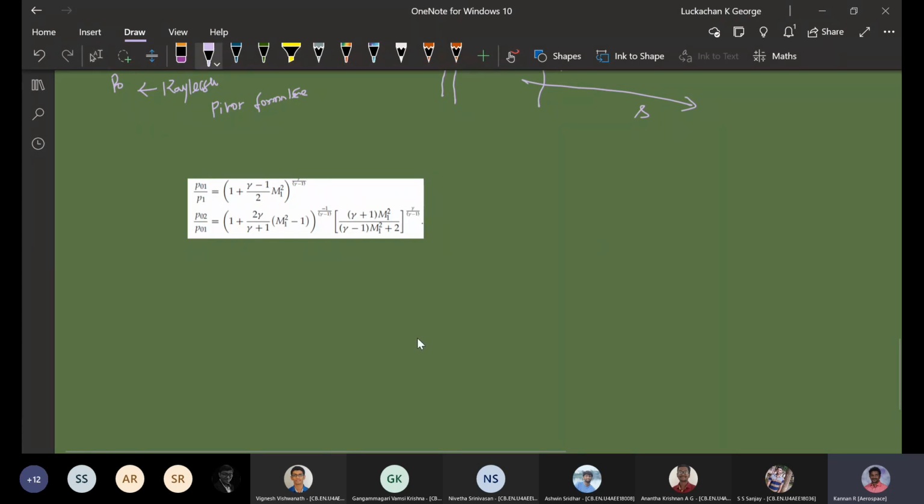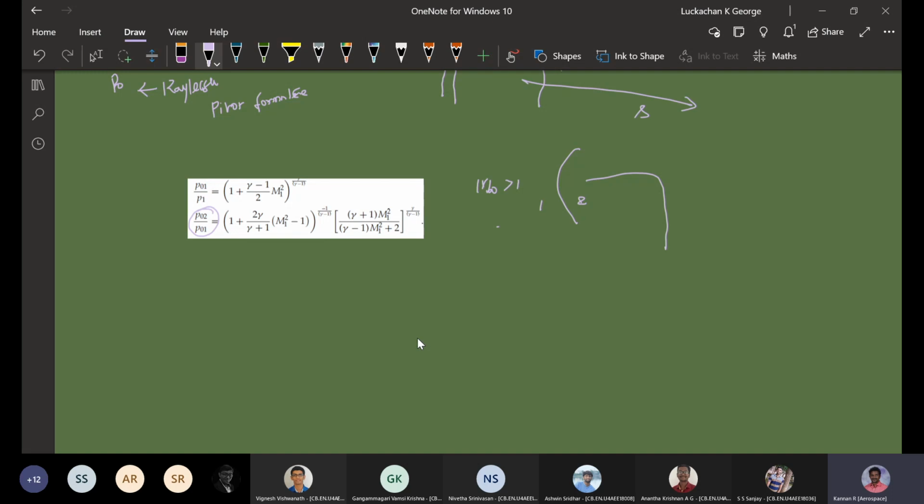For example, if your flow has M infinity greater than 1, assume that a detached shock forms when putting in the total probe. Here is 1, here is 2. This is the ratio of the stagnation pressures, and this is the isentropic relation.